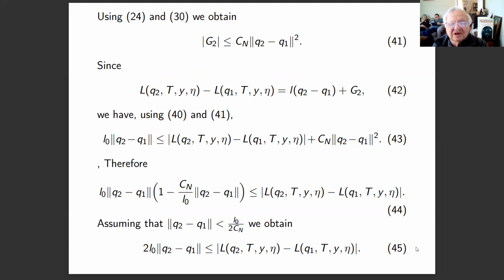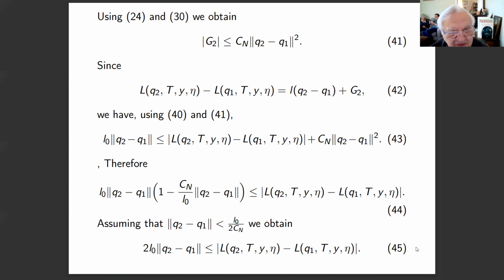Now if you use what was done in the previous chapter, we obtained that G2 is less than or equal to Cn times the norm of q2 minus q1 squared. So finally we have that the difference of lengths L(q2) minus L(q1) is this linear part plus G2, and G2 has estimate 41.